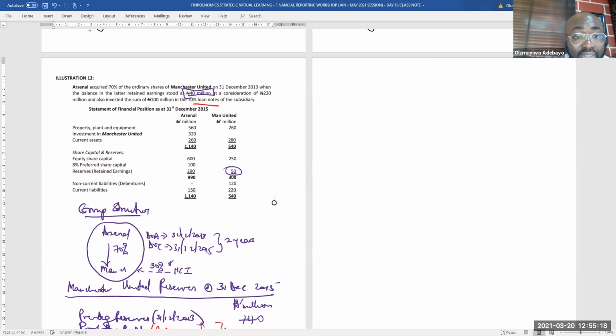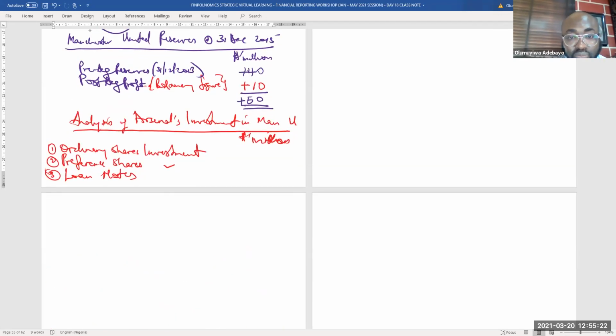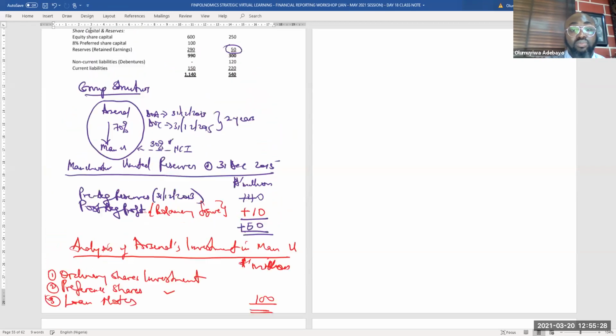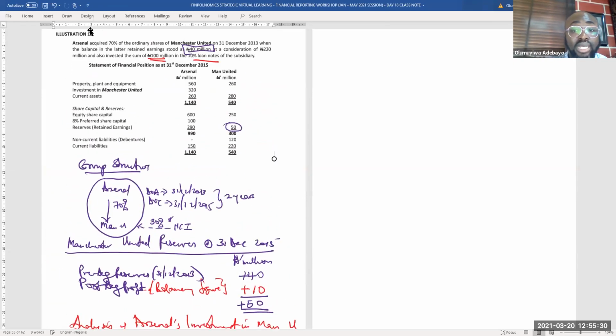You invested 100 million in loan notes. And we are told that he acquired ordinary shares in Manchester United at a consideration of 220.